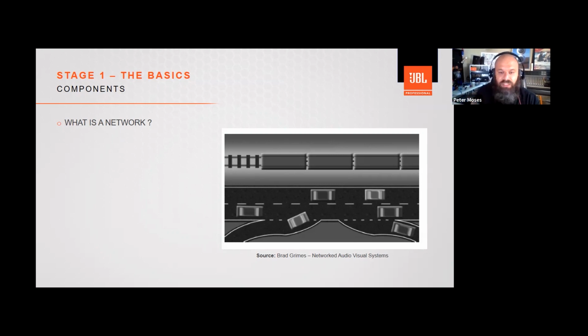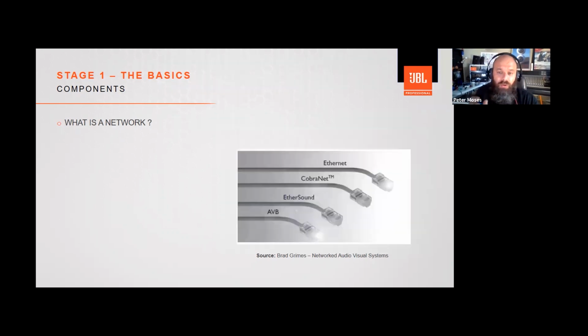Now today, we're really focusing on networked audio as data. The way to push that networked audio as data through networks comes down to not only the physical connections, but also the protocols, the rules of how to send and receive that data. A number of these protocols have very specific rules.